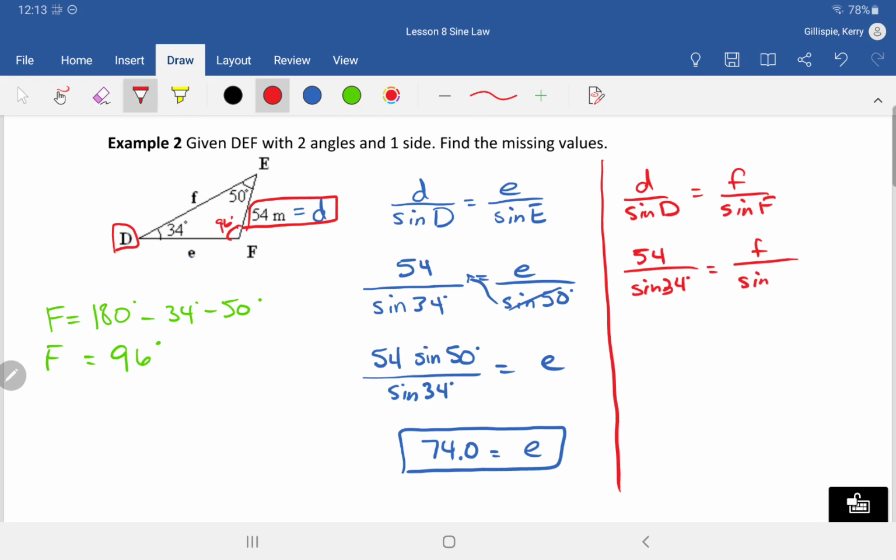Lowercase f is the last thing we need to solve, and we know that it pairs across with sine 96. We can just get f by itself by bringing sine 96 up and over.